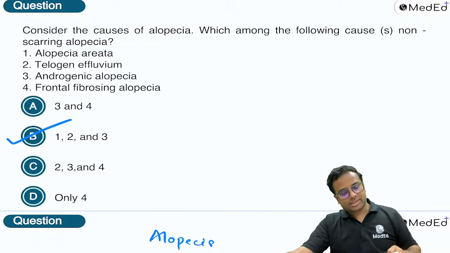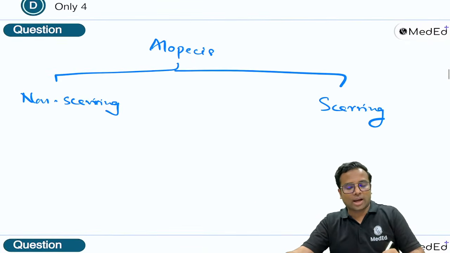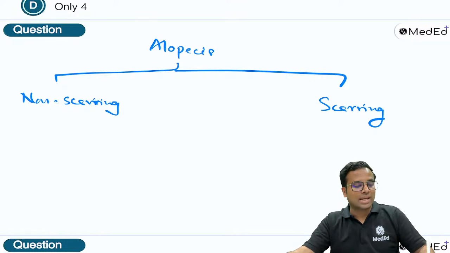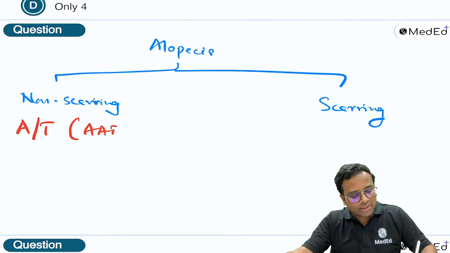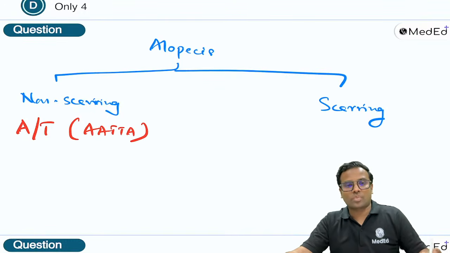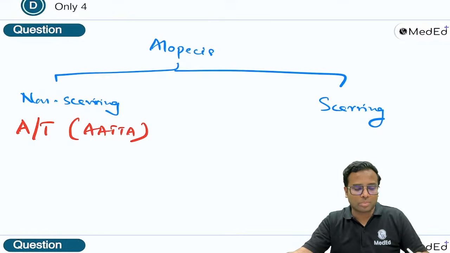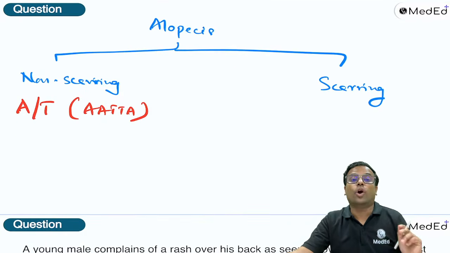Yes, absolutely correct. What I would always recommend in the classes is that anything that starts with A or T, or even better, anything like ATA, is another mnemonic that you can remember, is going to be non-scarring.